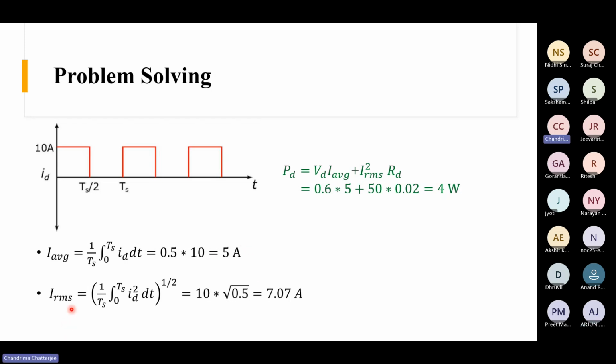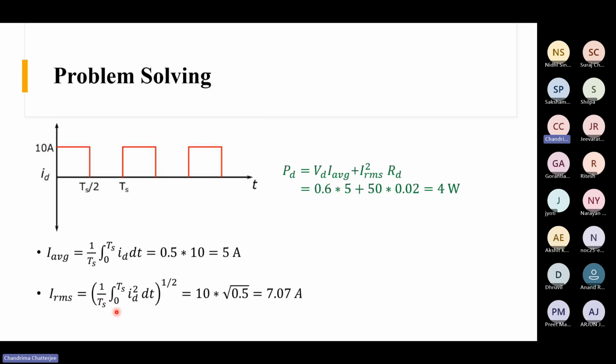For the RMS current, this is the expression that I already told you while explaining the concepts. If you do the integration, the same thing, from 0 to Ts by 2 the current is 10 ampere, and in the other period the current is 0.